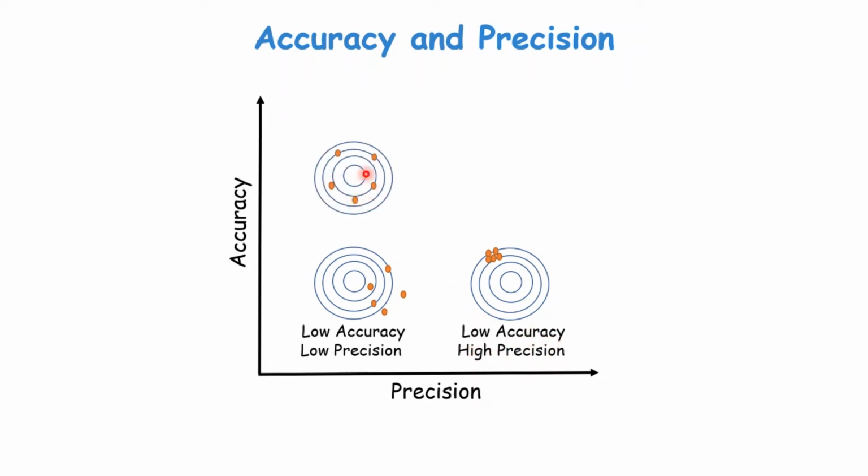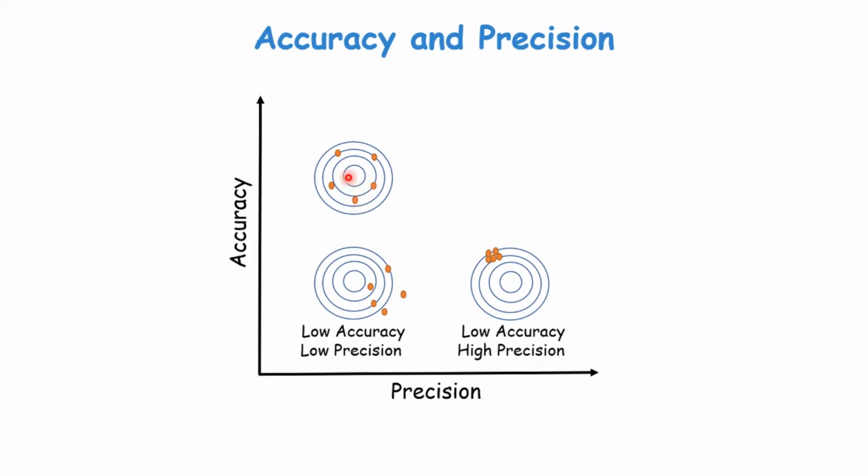Let's look at this one. The precision, again, is scattered all over, so that's low. The accuracy is sort of accurate. You cannot use target shooting as an example here; you can consider this as a measurement, like mass or volume.